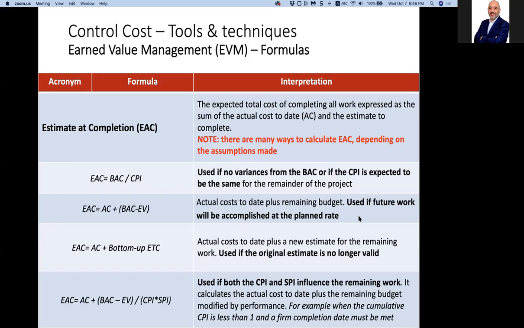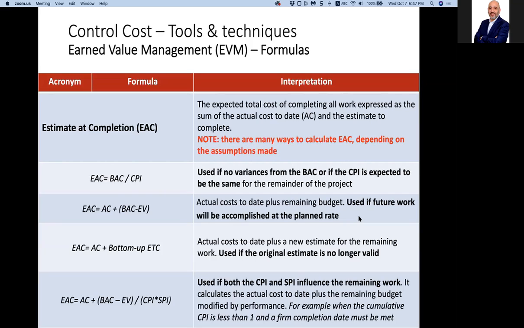The estimate to complete is budget at completion minus the earned value today. That is, how much work I should have done versus how much work I actually did, and the difference is the work remaining to complete. The remaining work plus the actual cost gives me the new estimate at completion.